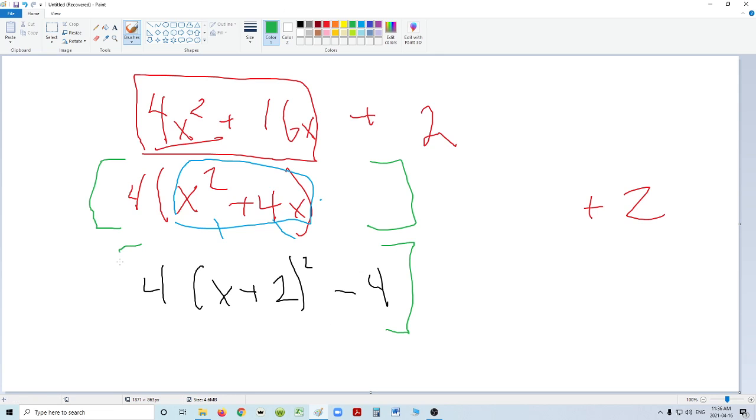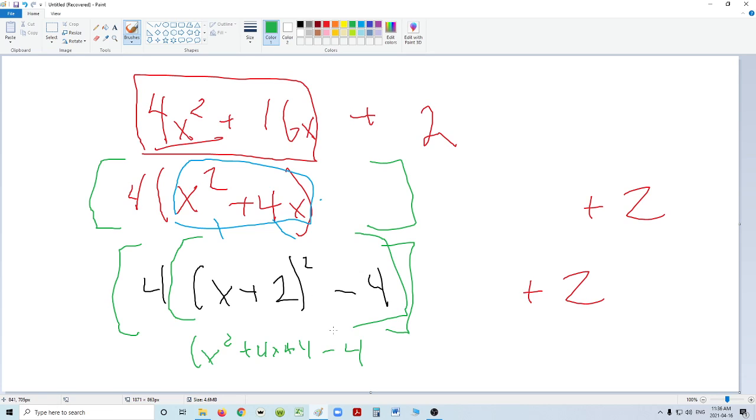And don't forget about Larry. You can just grab Larry and move him down. All right, does that make sense? Let's find out. If I was to expand this, I'm trying to get back to this. If I was to expand that, I'd get x squared plus 4x plus 4 minus 4, right? Oh yeah, you sort of got to keep that in brackets too.